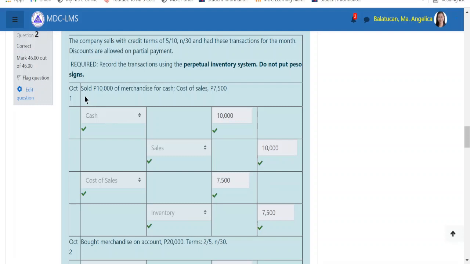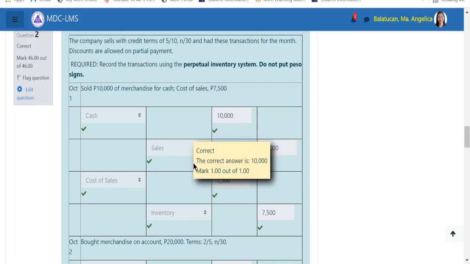Going back, you have October 1, sold 10,000 merchandise for cash. The cost of sales is 7,500. So debit cash and credit sales, and then add additional entry for the cost of sales. So this would be the debit and this would be the credit for the cost of sales. This means that we need to recognize the cost of the merchandise we have sold.